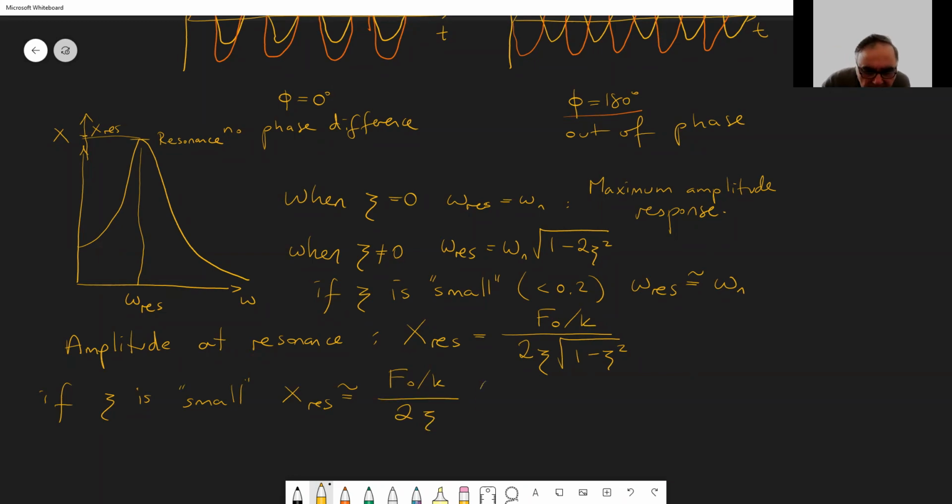This is the condition for omega equals omega n. But this is even larger because 1 minus zeta squared in square root is a number that is smaller than 1. So when we divide by something smaller than 1, we get a larger value. But the difference might not be too big.